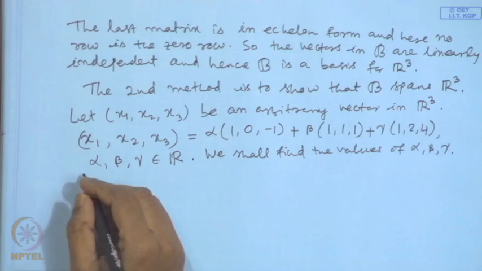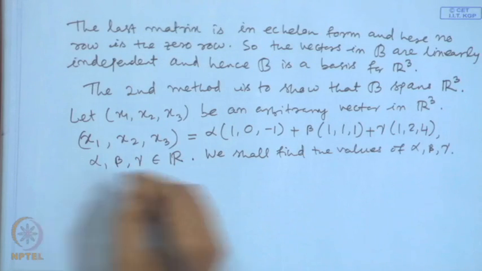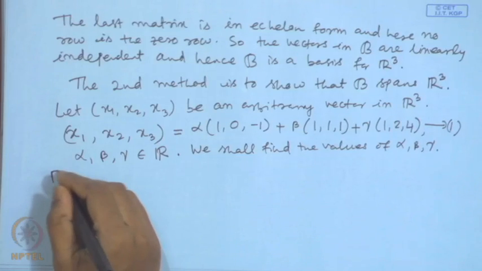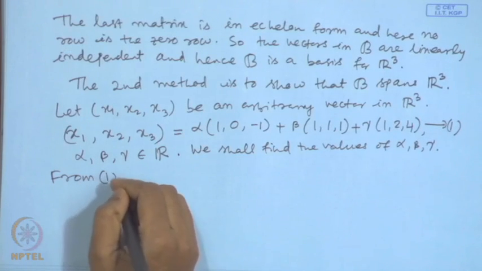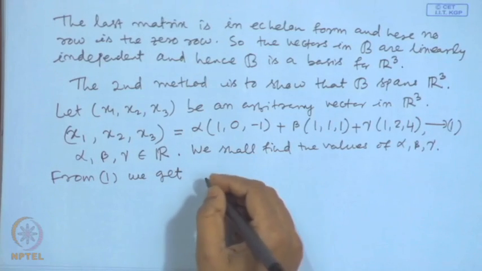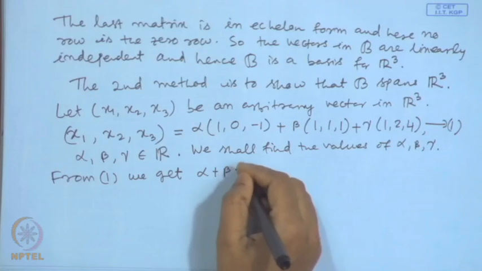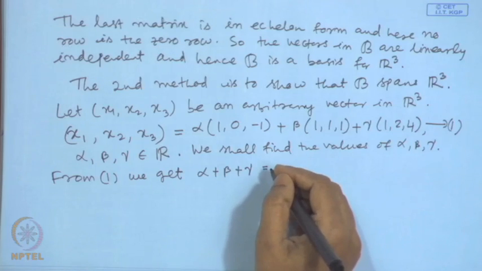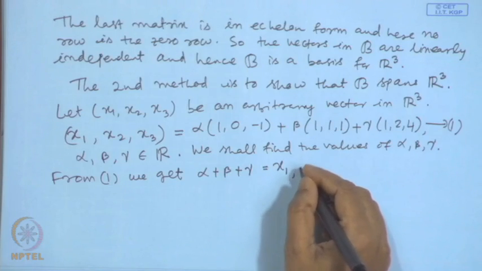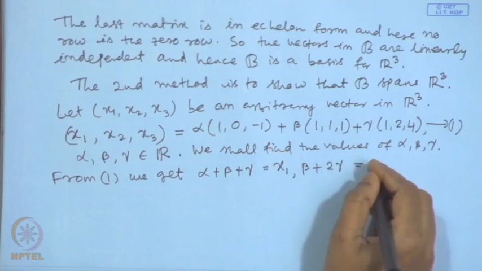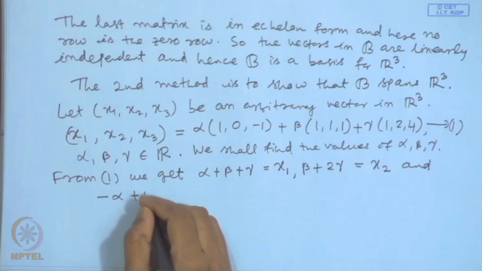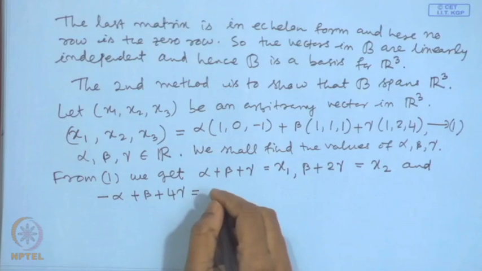So, from here we get this equation, let us say this is equation 1. From equation 1 we get alpha plus beta plus gamma is equal to x 1, and beta plus twice gamma is equal to x 2, and minus alpha plus beta plus 4 gamma is equal to x 3.